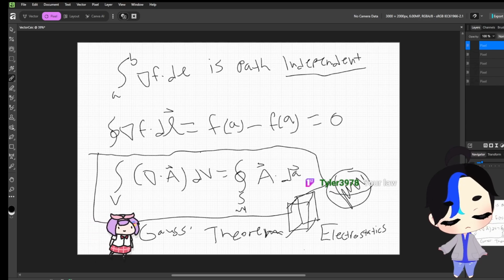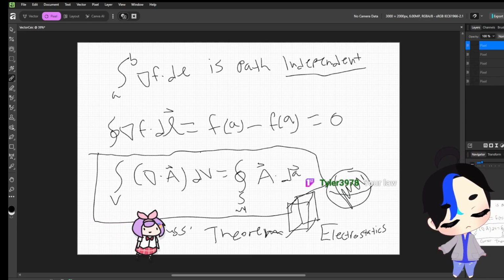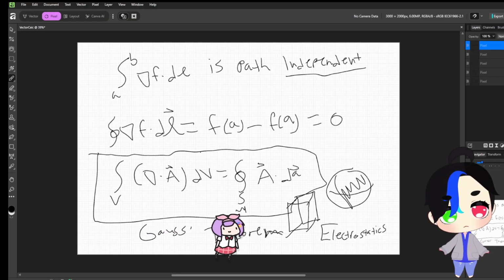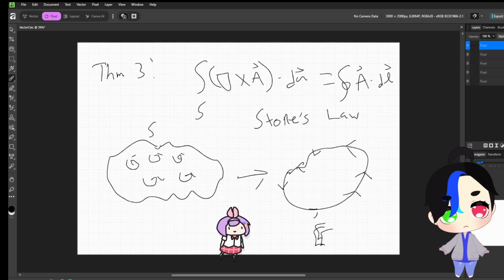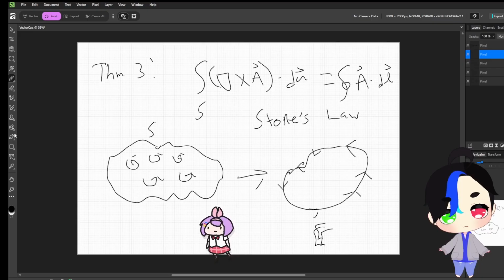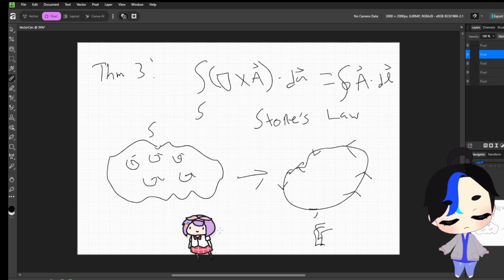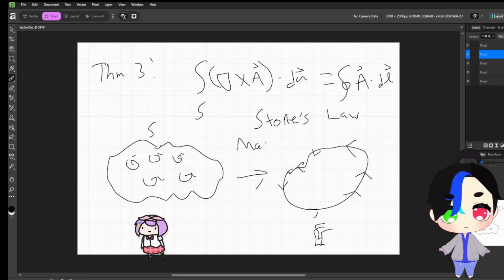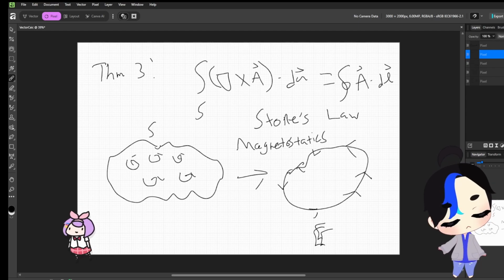So, Gauss's theorem, very important for electrostatics when you're talking about electric fields. Stokes' law, very important for magnetostatics when we're talking about magnetic fields.